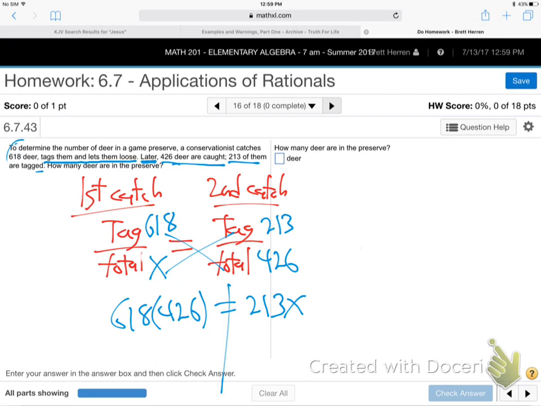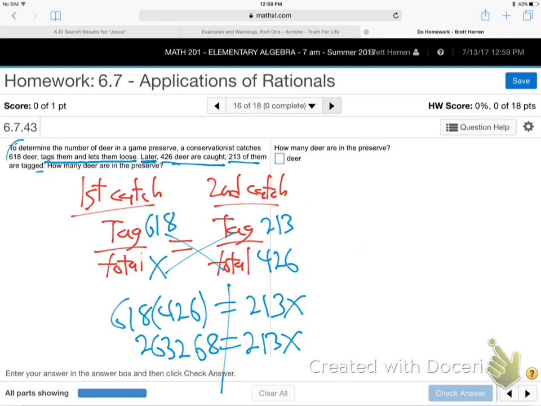Somebody have that in the calculator? 263,268. I could have done that in my head, but I hate to show off, so I just let you help me with the calculator. Thanks.